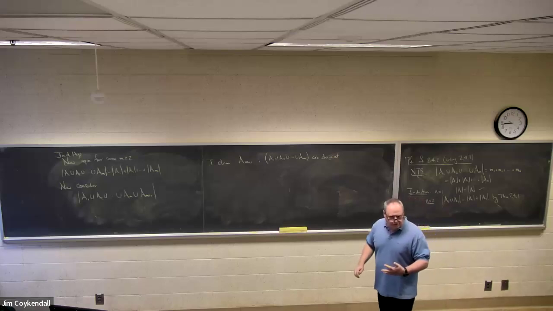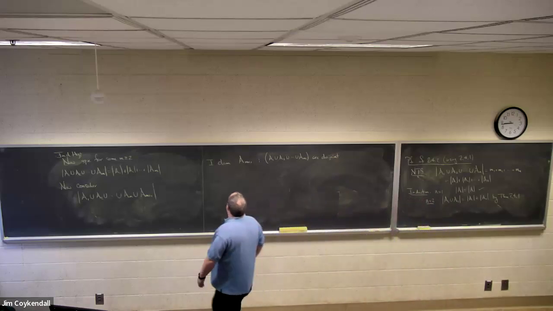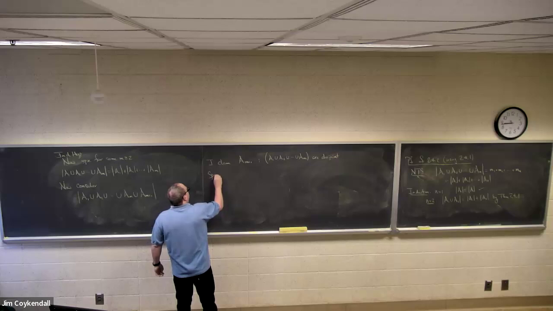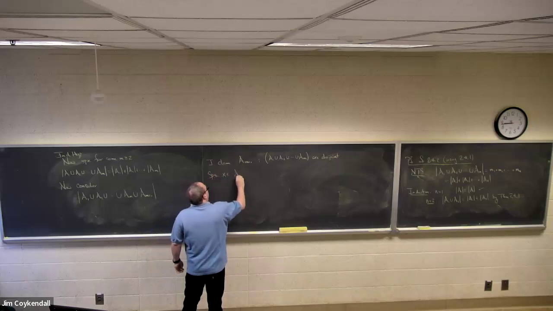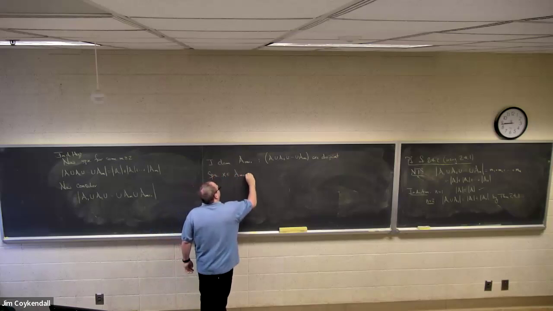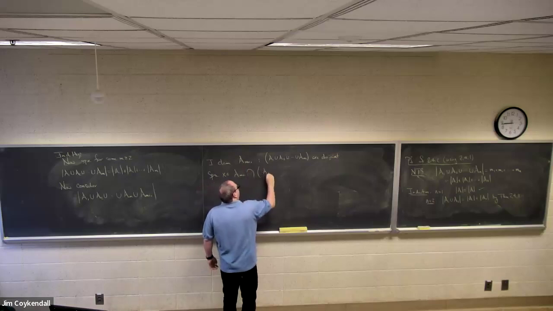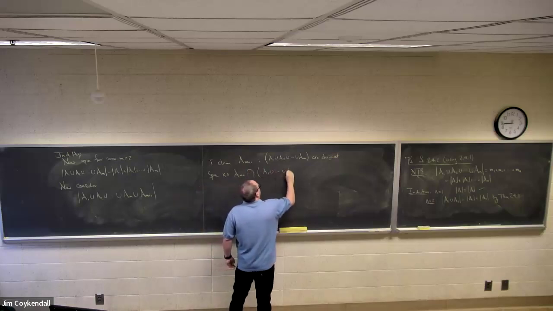Okay, well, all the pieces are disjoint. Let me be more formal. Suppose x is in A_{m+1} intersect the union of A1 through Am.